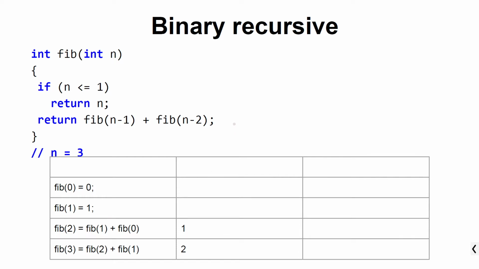And the difference between this, you need to write f3. It's dividing into parts, like n minus 1: f2 and f1. Here you will get f2, we'll have f1 and f0.